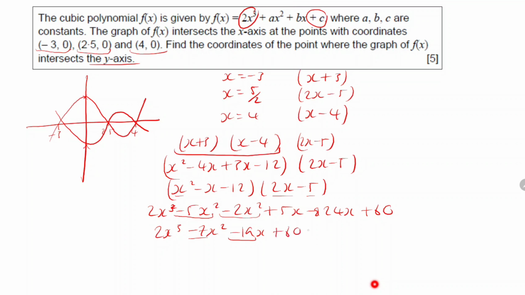And then finally we've got plus 60 on its own. So this is what our f of x is equal to. We know when it's equal to 0, these are the three solutions. And the intercept is plus 60. So the graph is the original one I drew, which is this one. And it goes through plus 60.